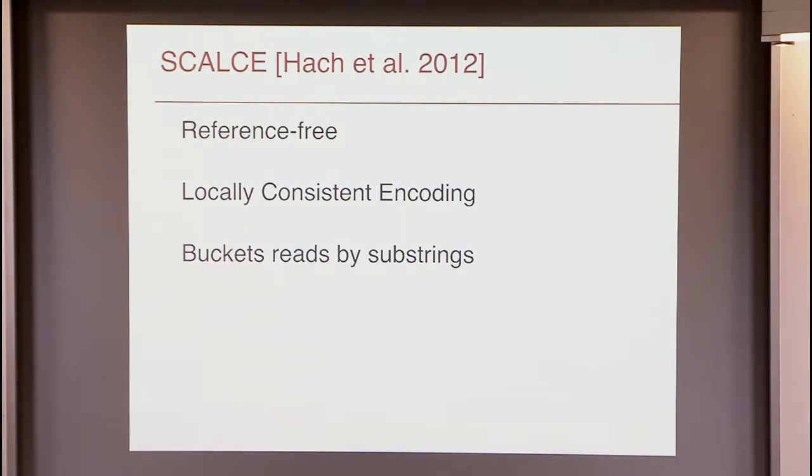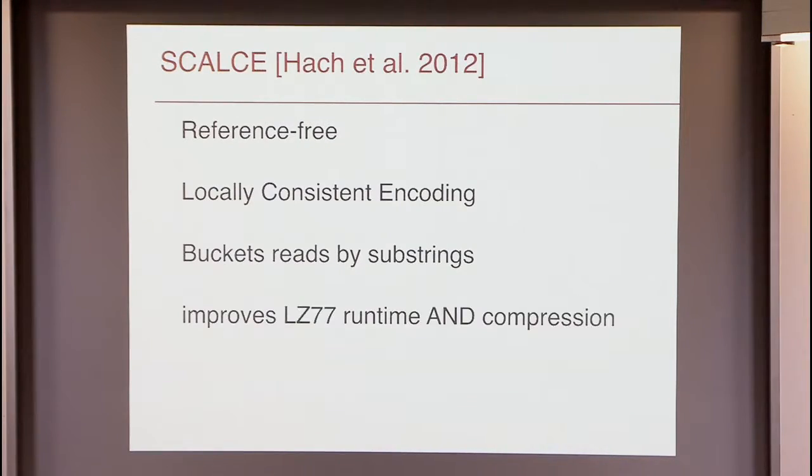What it does is end up bucketing reads by substrings, and this improves both the runtime and compression of a modified Lempel-Ziv compressor that's run on the result. So in other words, here we're going to notice a pattern in the data, and rearrange the data in such a way that a general purpose compressor does a better job of it.